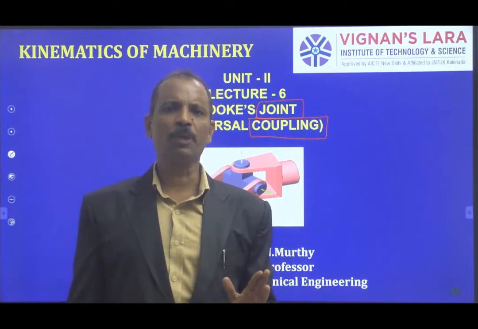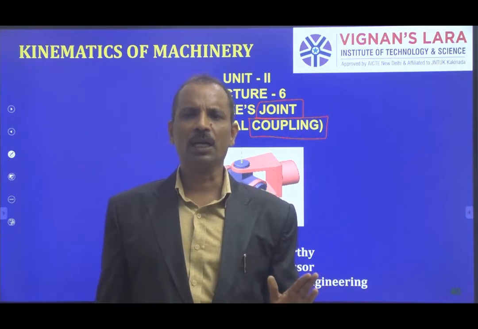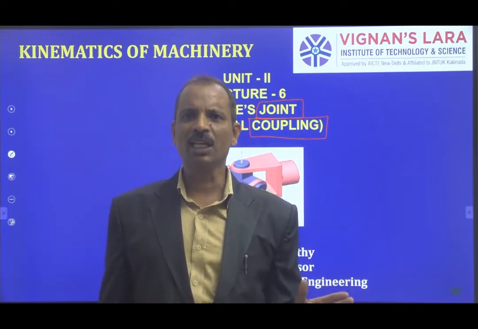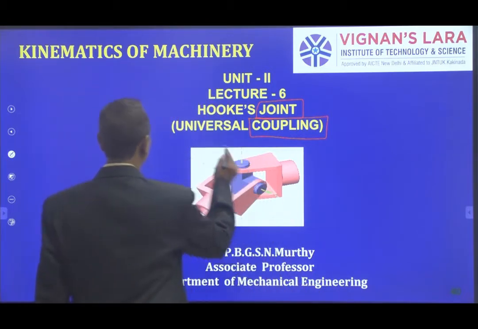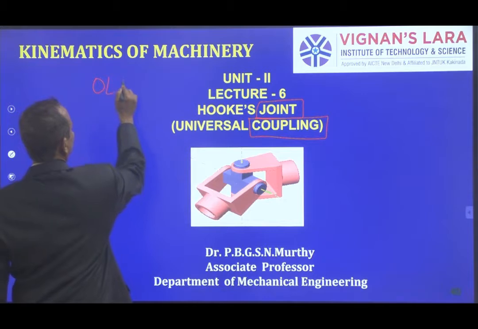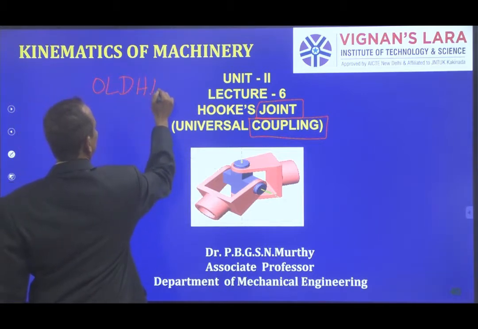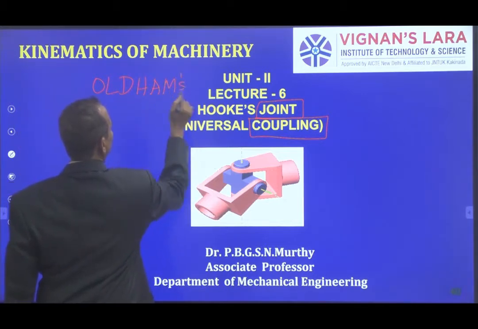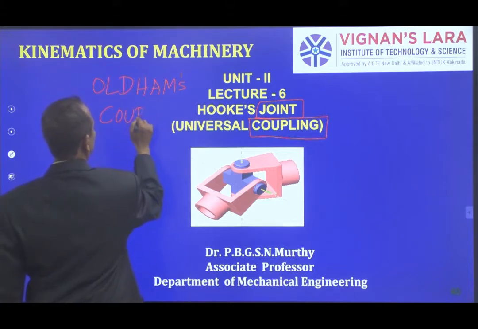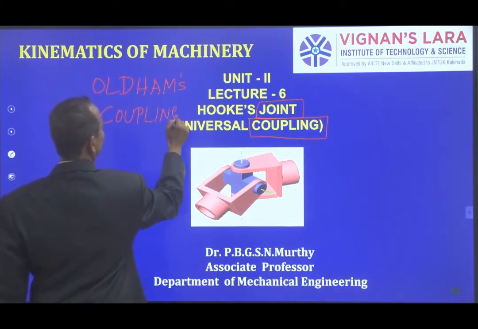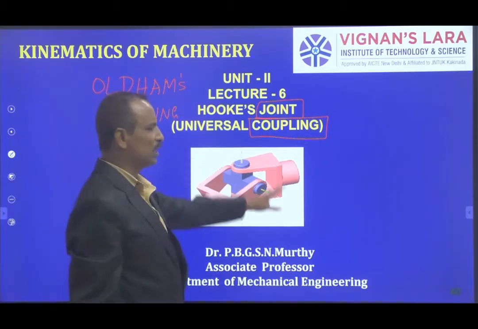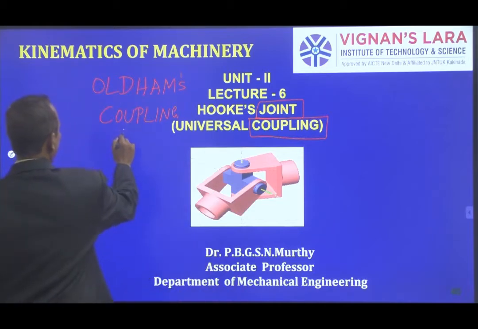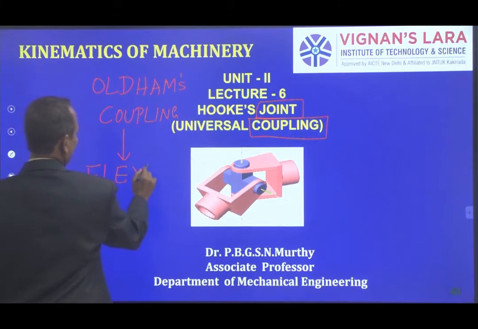That is from the first chapter, the double slider crank chain mechanism, one of the inversions which we have already discussed, that is Oldham's coupling. These two couplings, Oldham's coupling and universal coupling, come under flexible couplings.